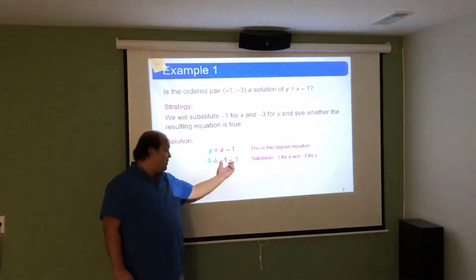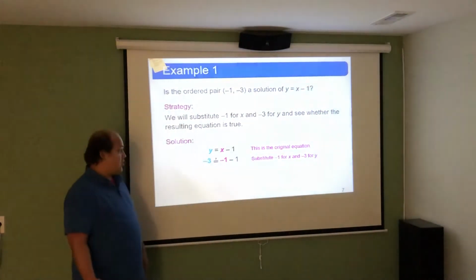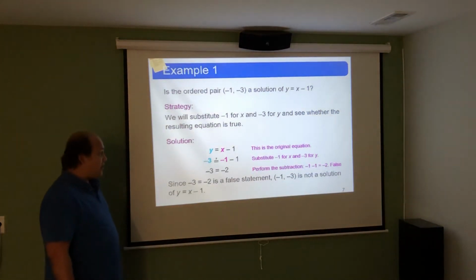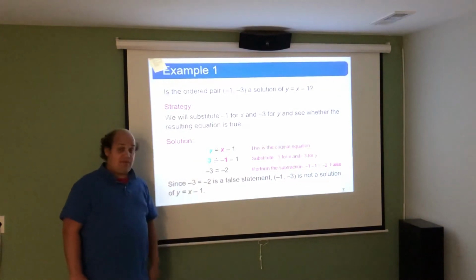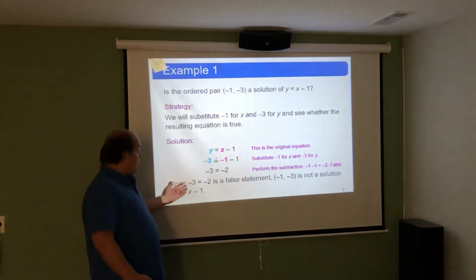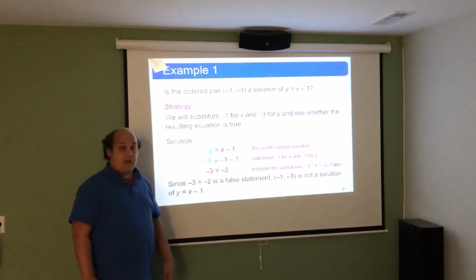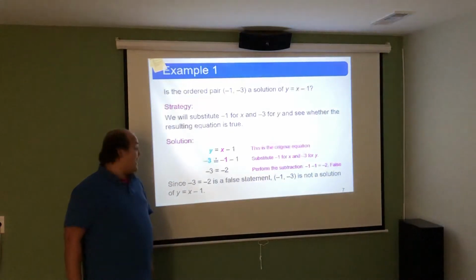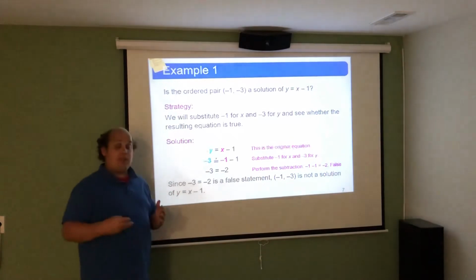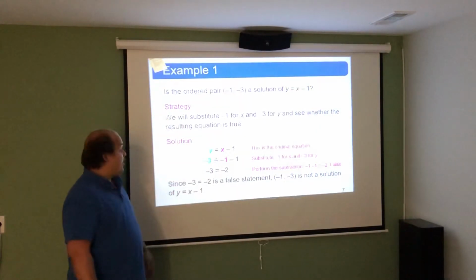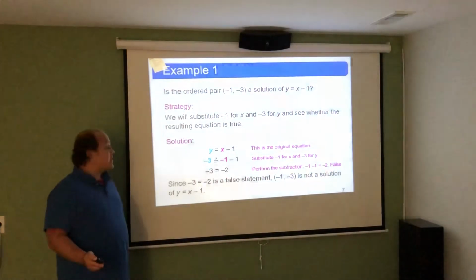Since we have two negatives on this side, -1 minus 1 combines to give me -2. So we wind up with -3 equals -2. But that's not true. -3 does not equal -2. For that reason, we get a false statement here, which means this ordered pair is not a solution of this equation. If we had plugged in and gotten something like -2 equals -2, then it would have been a true statement, and we could say, yes, this satisfies the equation. But in this case, this ordered pair did not satisfy the equation. It is not a solution.